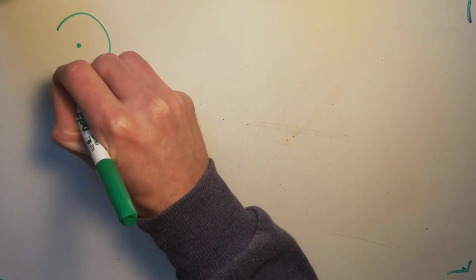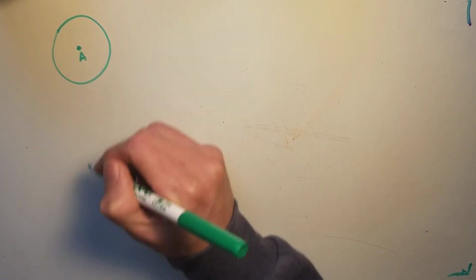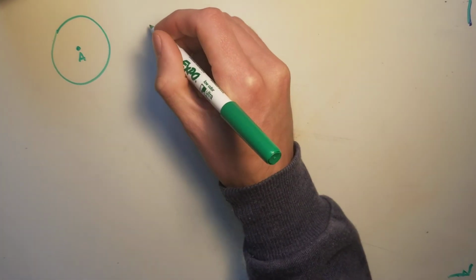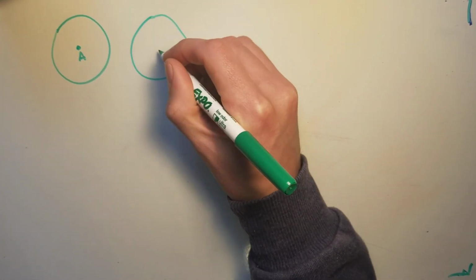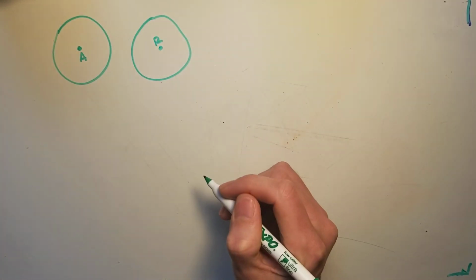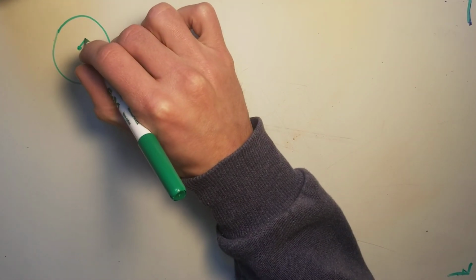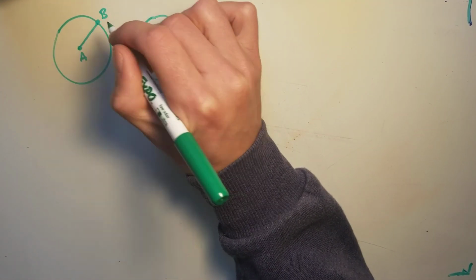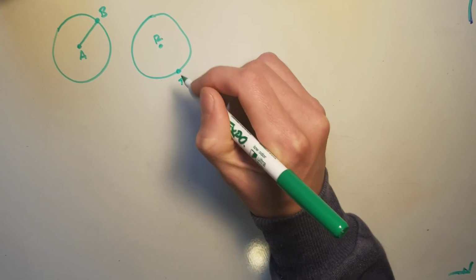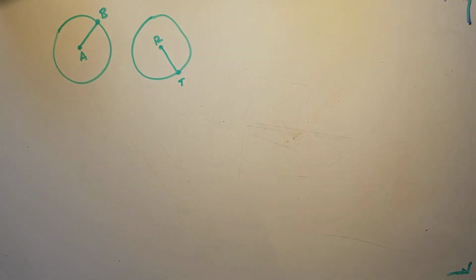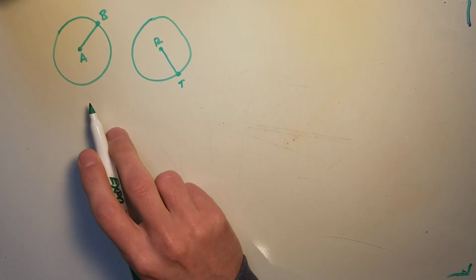We'll have a circle with radius A, and we'll have a circle over here with radius R. And A will have point B on the outside, R will have point T on the outside.